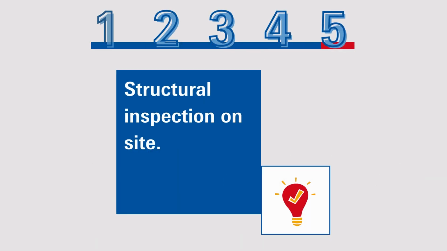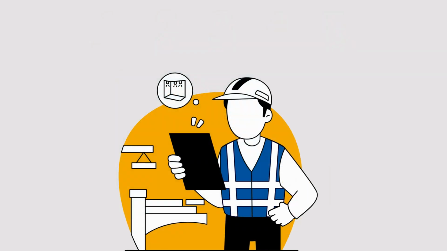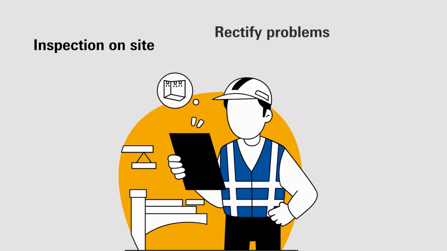There is still one more step that must be taken before you are ready for trade fair operation: a structural inspection on site. During setup, all stands requiring a structural inspection are visited by a team from the engineering consultancy and subjected to a final review. If any problems are discovered, as the exhibitor or stand constructor, you are responsible for ensuring that these are rectified.